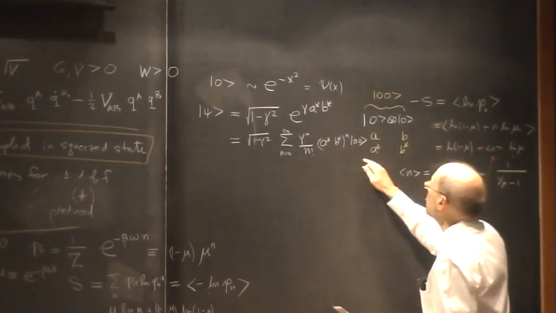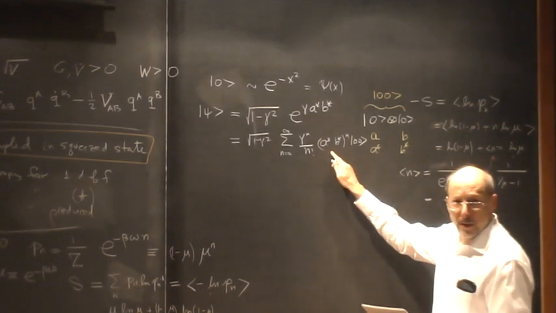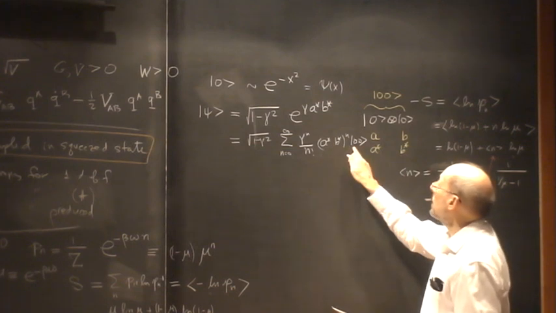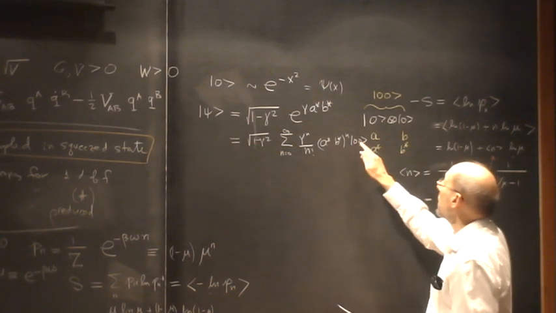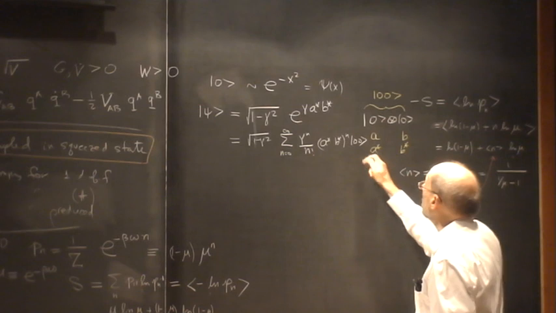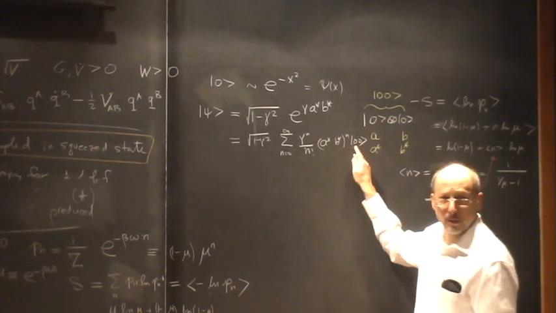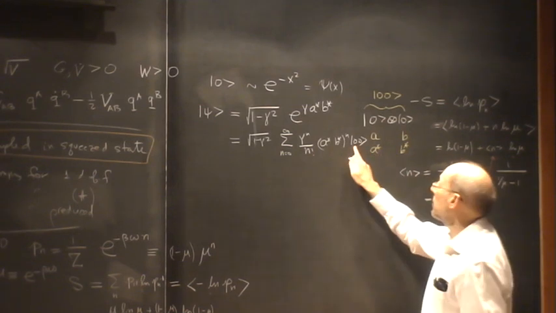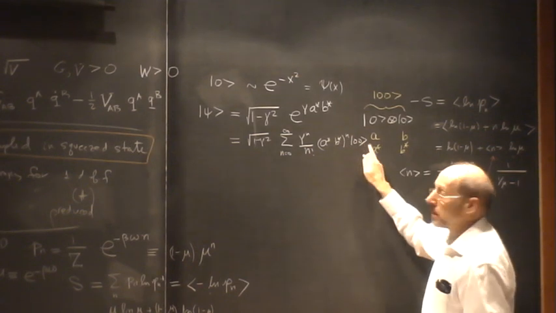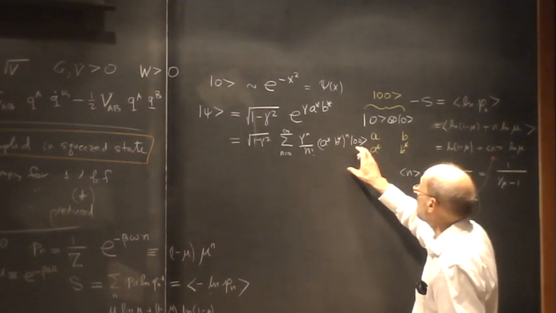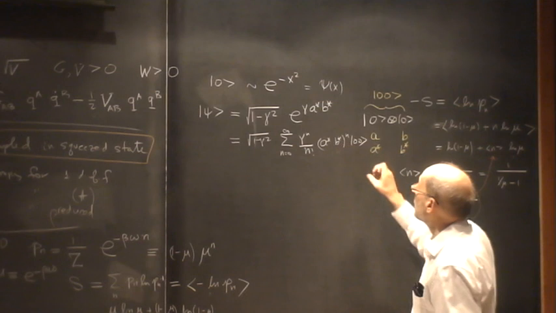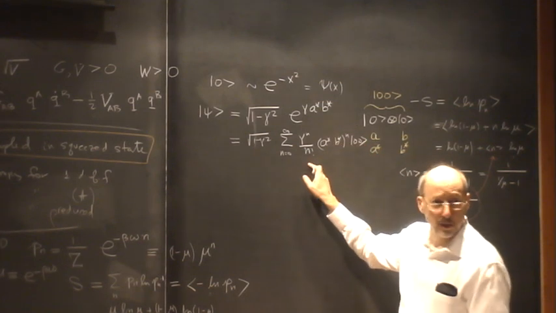But remember how the normalization works. If I apply n copies of the creation operator, I get the nth excited state with the coefficient of square root of n factorial. It's the same thing here for the B, so I'll get two square roots of n factorial in the numerator, and there's n factorial in the denominator.